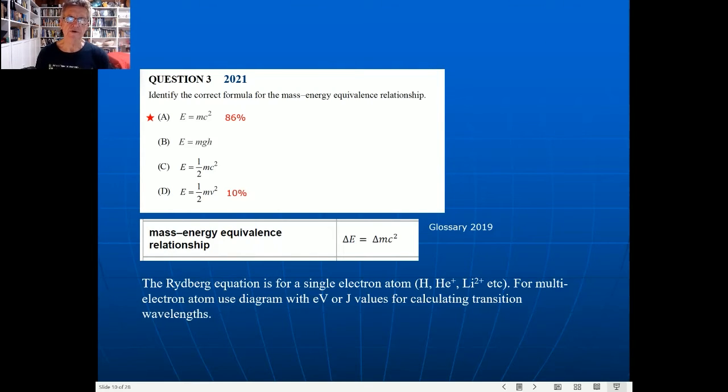Now the Rydberg equation is for hydrogen only, and in the syllabus the formula is there, and in the formula book you'll see the Rydberg equation. But for other atoms, if they've given you a diagram with maybe electron volts for the different levels, you use that.